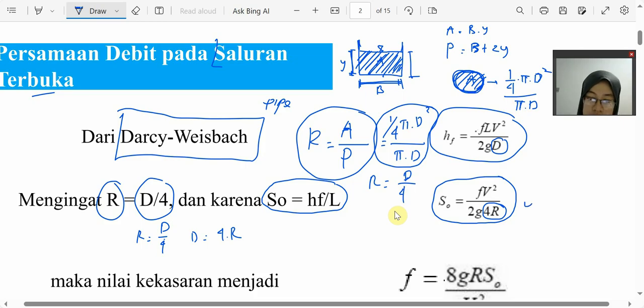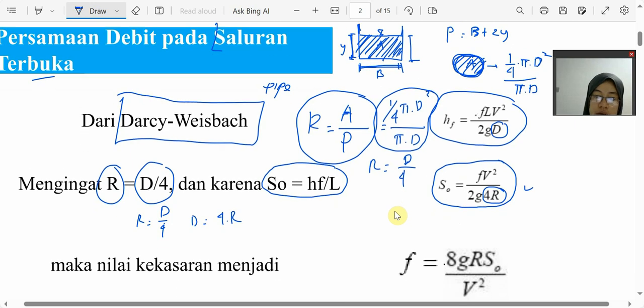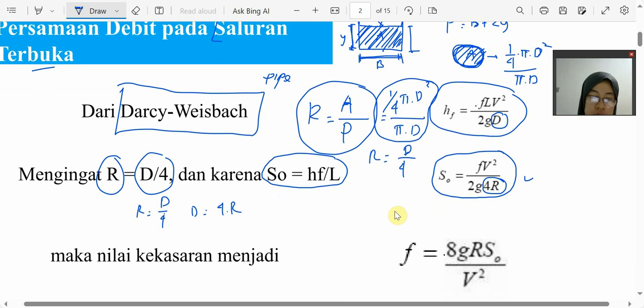Okay, so we will get these equations for the slope of the channel, and from that we will get the friction number for open channels here, okay? So we can write in these equations.